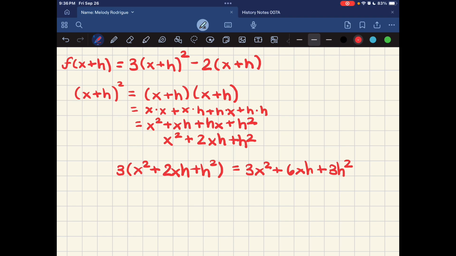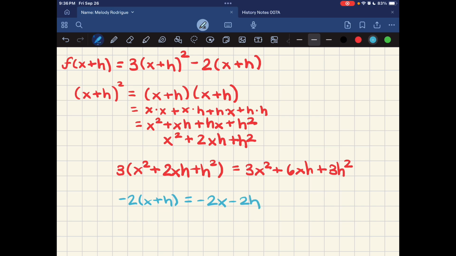So we'll do it in the color blue. Negative 2 of x plus h. And then when you distribute the negative 2, you just get negative 2x, negative 2h.